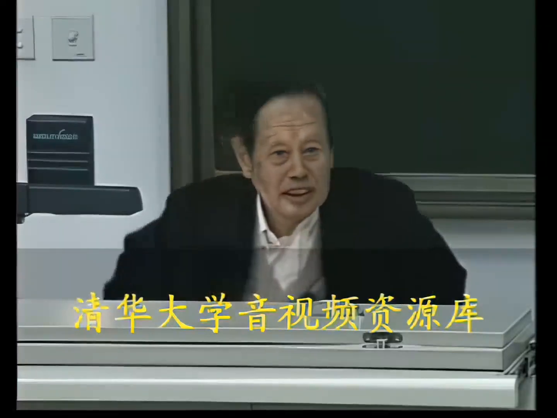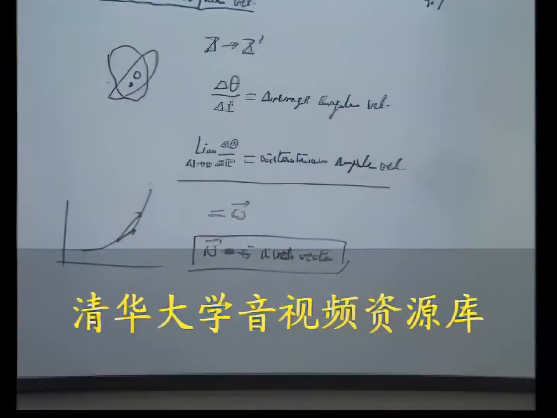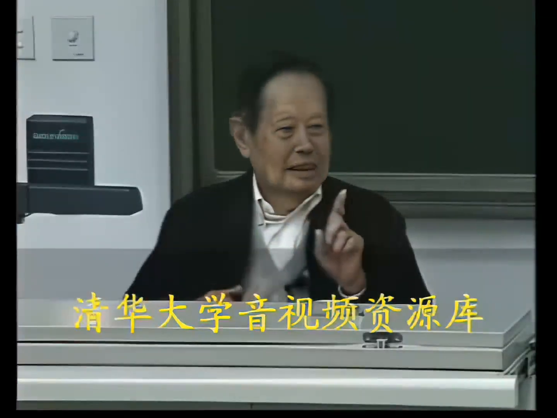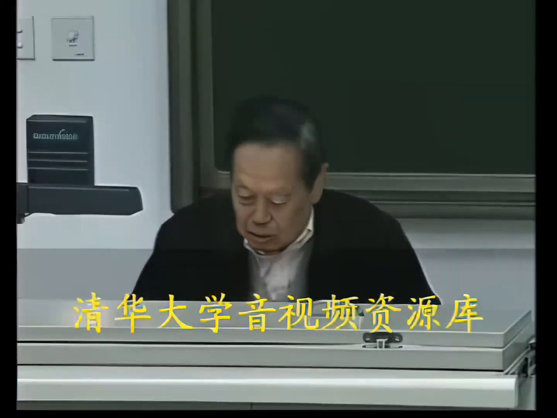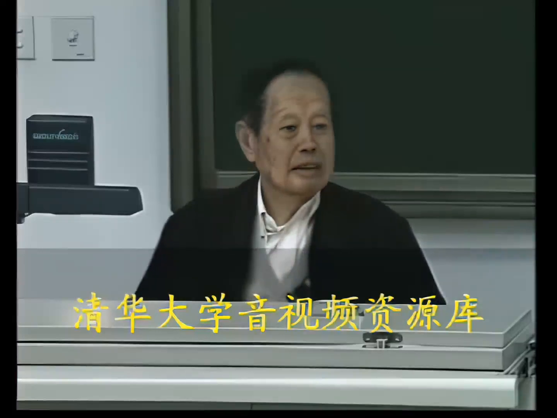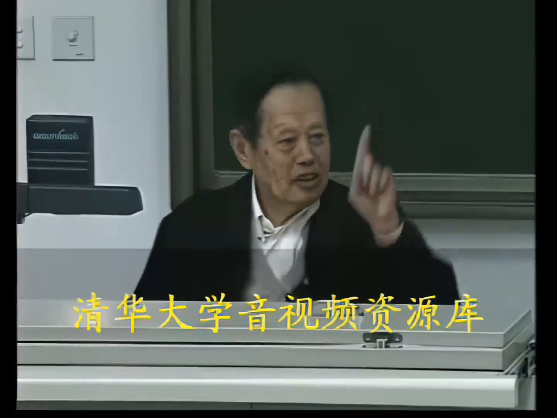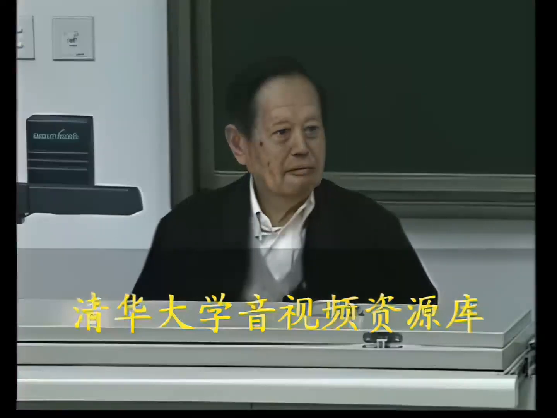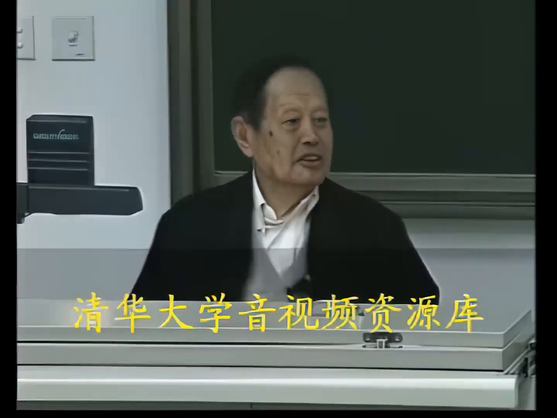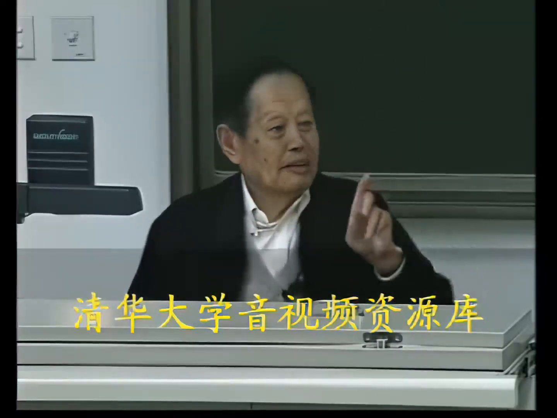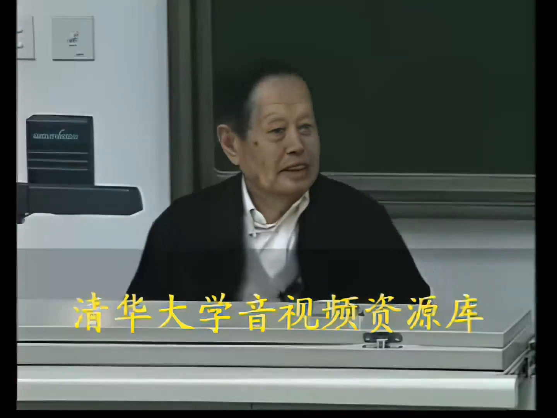This is the most important thing, and it's not intuitively immediately clear, but you have to be familiar with it. If a body rotates, this omega has a magnitude which is defined this way through the limit, and a direction which is the direction of the axis, the limiting direction. But that still is not complete, because the limiting direction has two directions. It can go this way, it can go the other way.